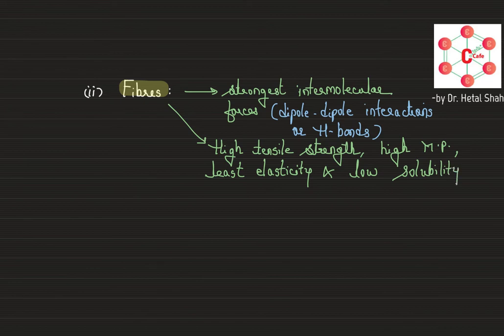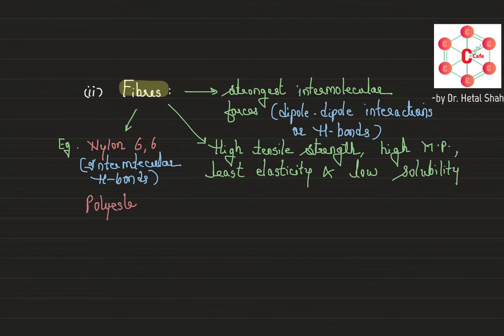And now you can give some examples. You can give examples of nylon 6,6. This has intermolecular H bonds. And you can even have polyester, any polyester.